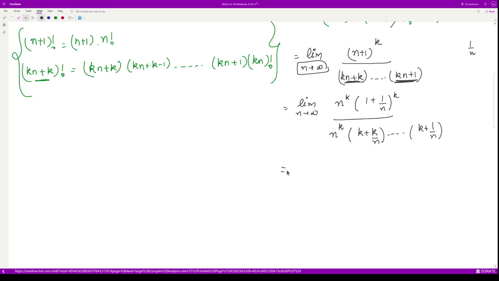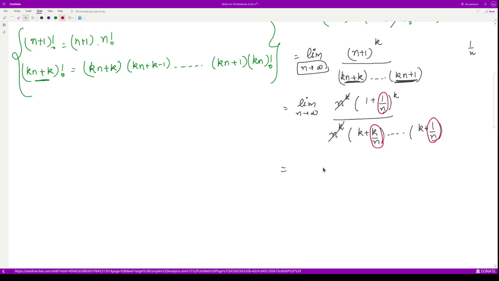So now we can substitute this limit n going to infinity in these. So obviously this term cancels with this one. So now you can substitute the limit n going to infinity. So when you substitute the limit over here, this term would become 0, this term would become 0, and this term would become 0.